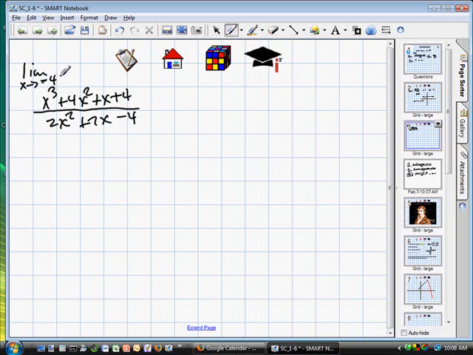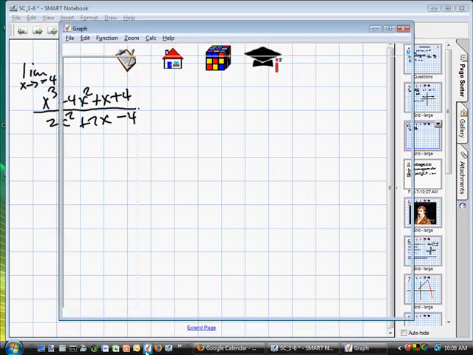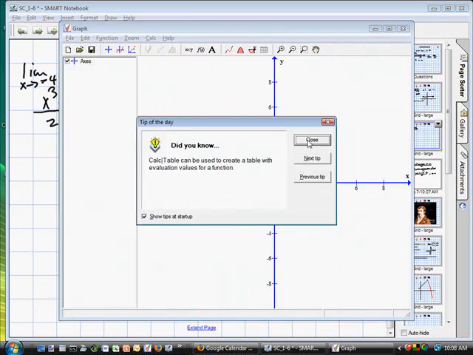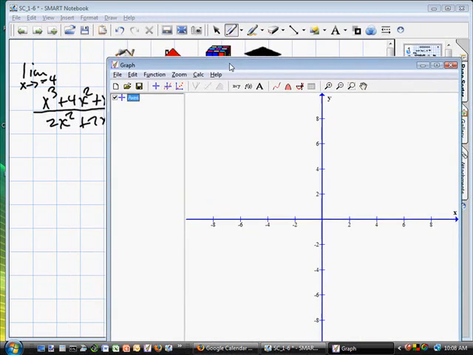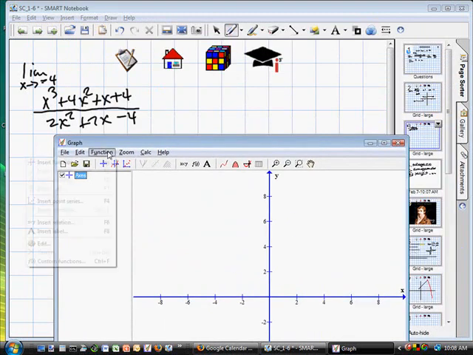Okay, well, graphing utility. Okay, function.